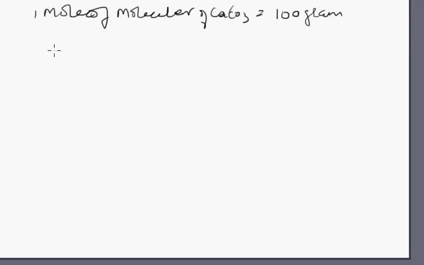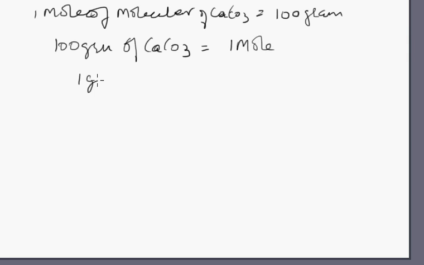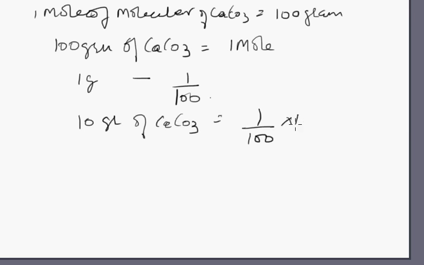Now let's check what 100 grams of CaCO3, that is calcium carbonate, is equal to: 1 mole. 1 gram is 1 upon 100, and 10 grams of CaCO3 is 1 by 100 into 10.